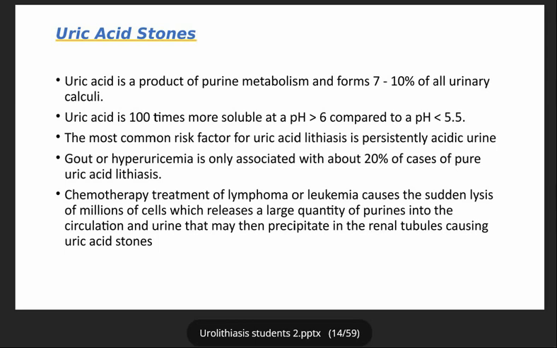So for the treatment of this type of stone, you have to keep the urine alkaline, meaning you have to keep the urine pH more than 6. And uric acid stone can result from gout or any disease that can cause hyperuricemia in the blood, like chemotherapy for lymphoma or leukemia, that can cause uric acid stone because it's producing more uric acid in the blood.